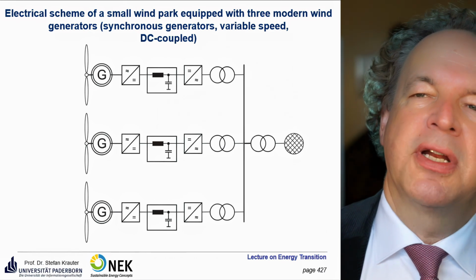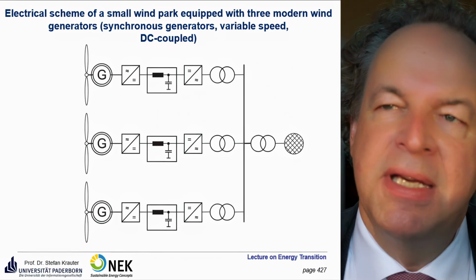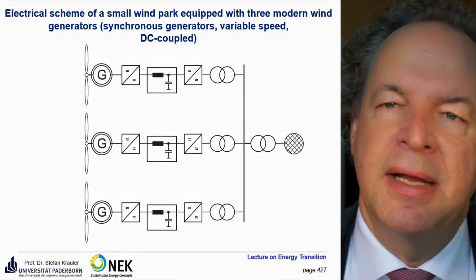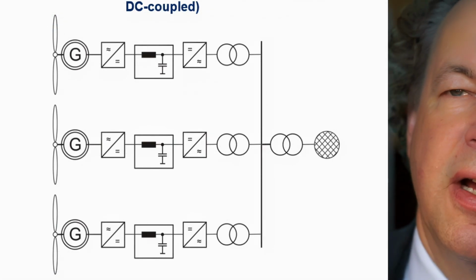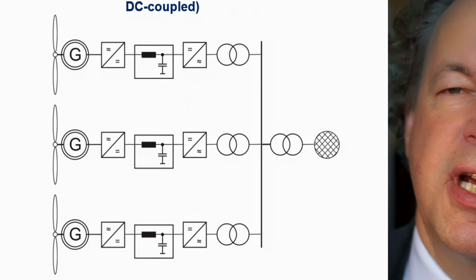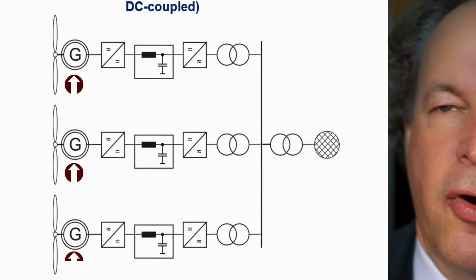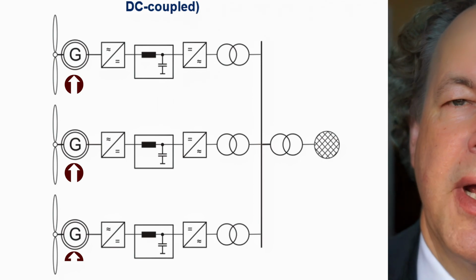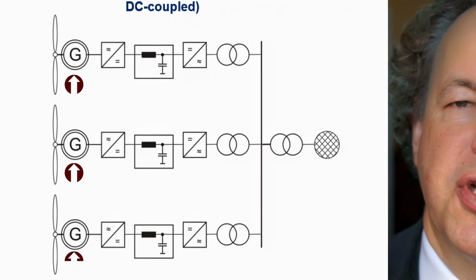What we have nowadays is a variable speed configuration. So the wind turbine is constantly run at different speeds to maximize its conversion efficiency and power output. And then there is the AC electricity from the generator, usually a synchronous generator, sometimes an asynchronous generator.